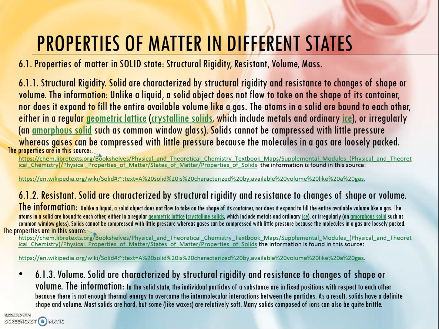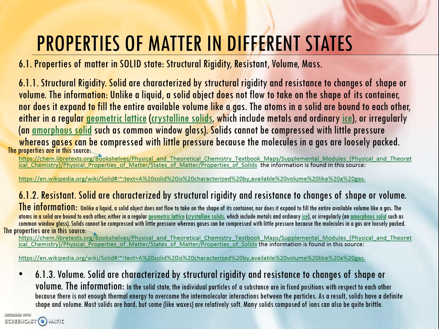Unlike a liquid, a solid object does not flow to take on the shape of its container, nor does it expand to fill the entire available volume like a gas. The atoms in a solid are bound to each other, either in a regular geometric lattice, as in crystalline solids, which include metals and ordinary ice, or irregularly, as in amorphous solids such as common window glass.